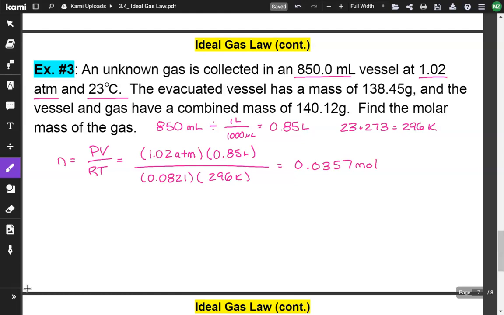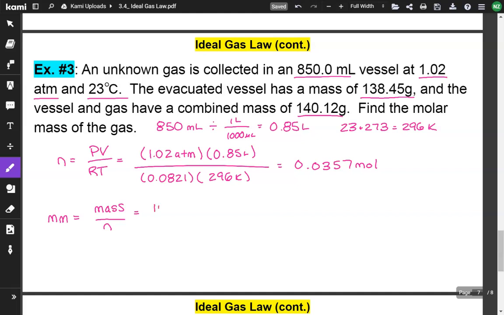Okay, now it's asking to find molar mass. Okay, and molar mass is the mass per mole. So if I know the mass, oh, hold on, we have two masses here. We have the evacuated vessel, and then we have the vessel and the gas. So we want to subtract those two numbers to get just the gas.